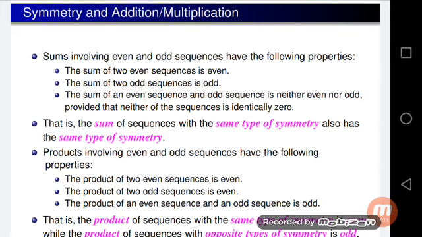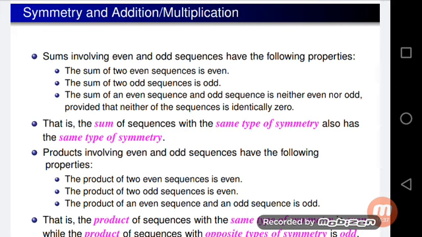Symmetry and addition or multiplication. Sums involving even and odd sequences have the following properties.